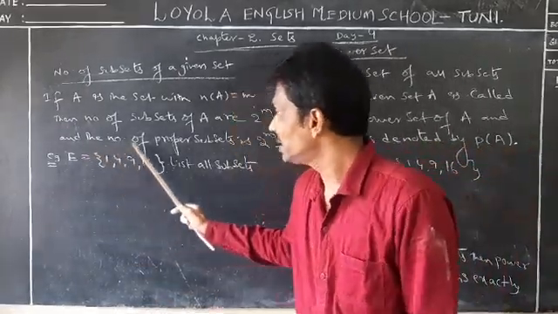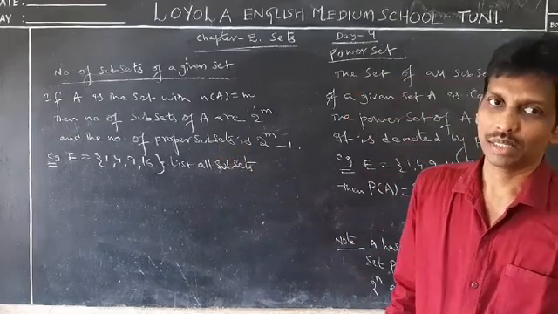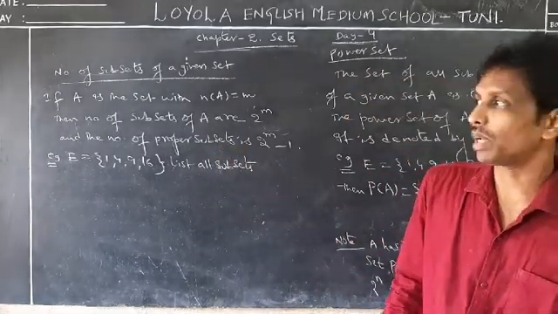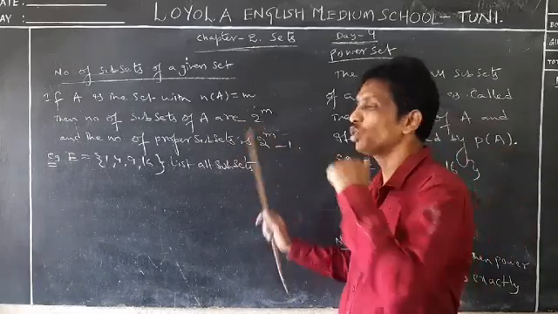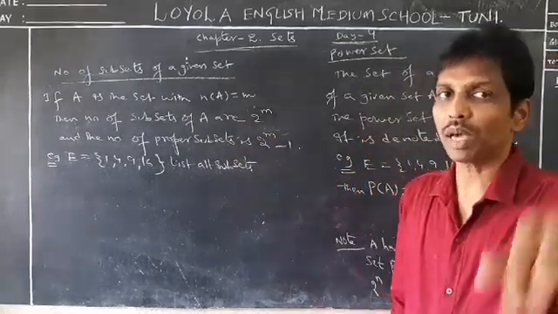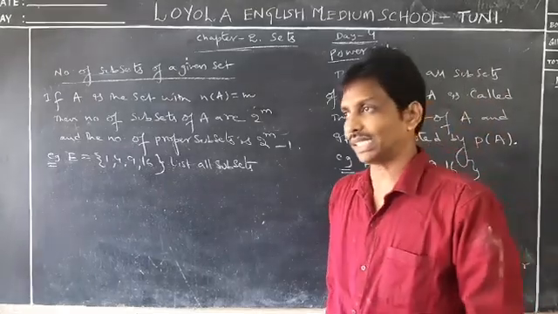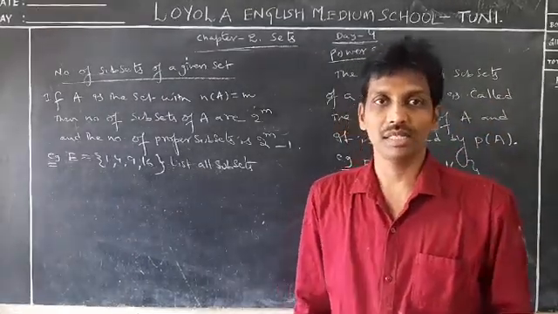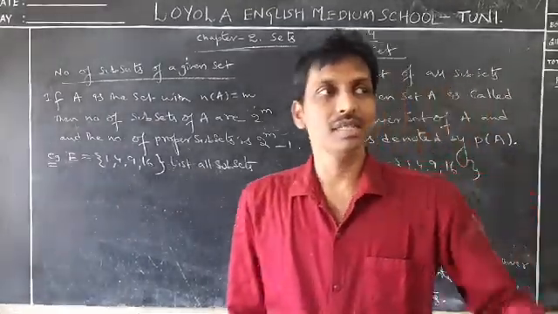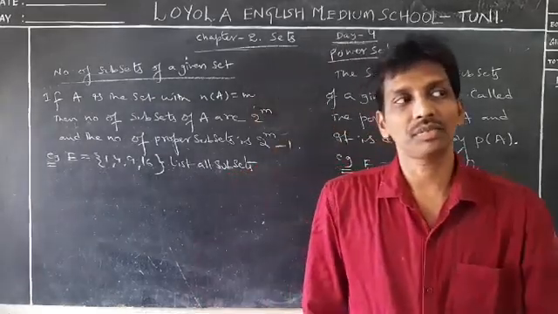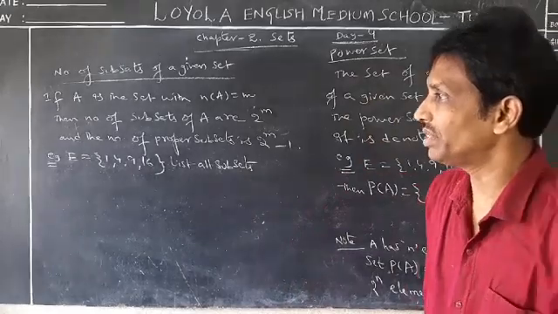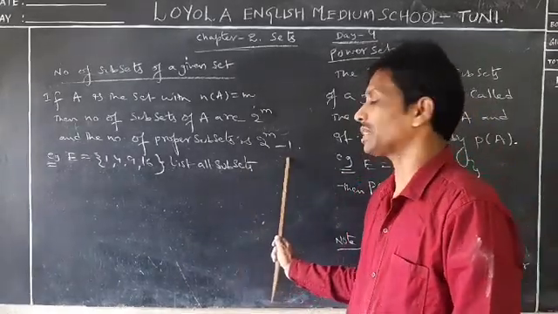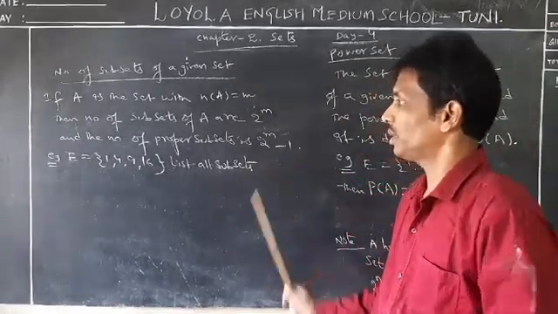When we want to find proper subsets, we should subtract 1. What should we subtract from 2 power m? We know the properties of sets while writing subsets: every set is a subset of itself. That condition we should subtract from here.